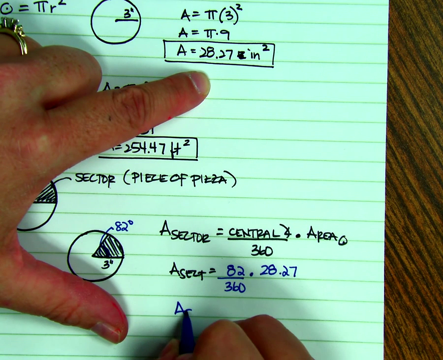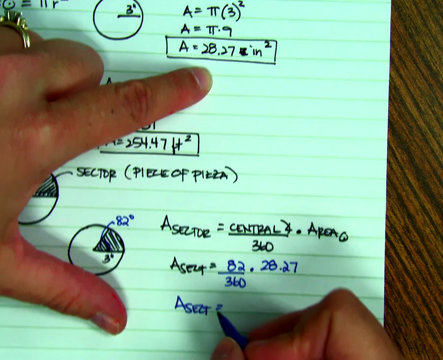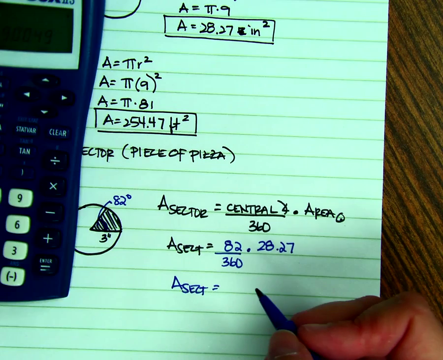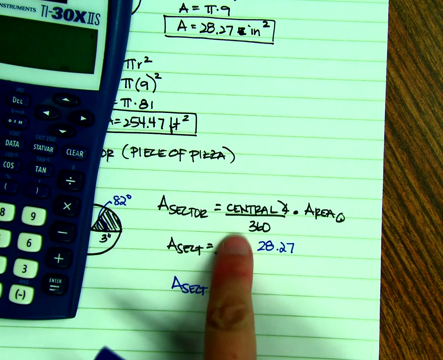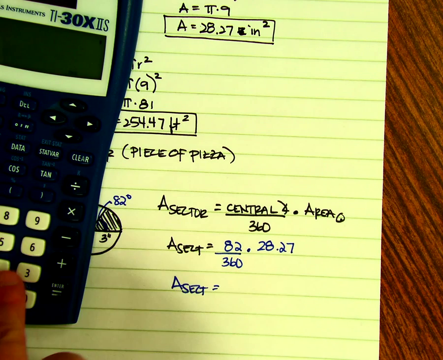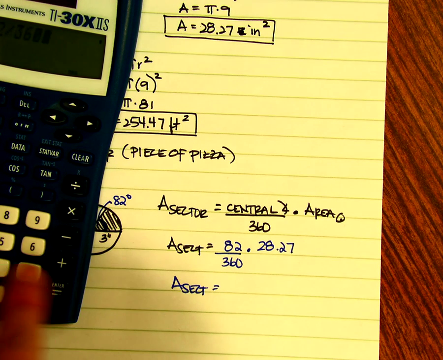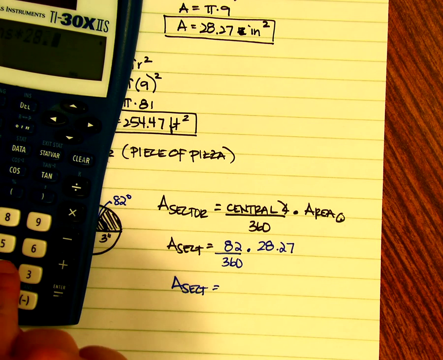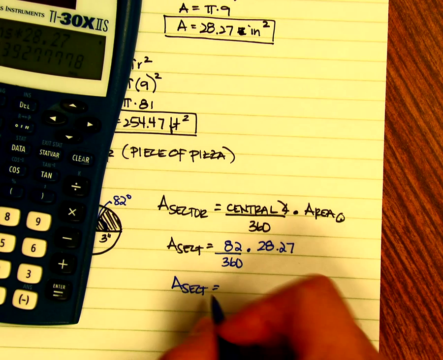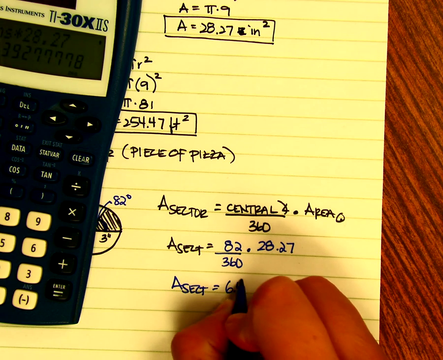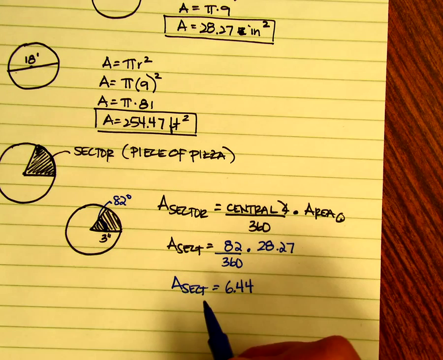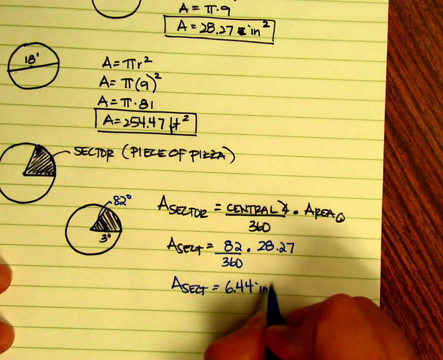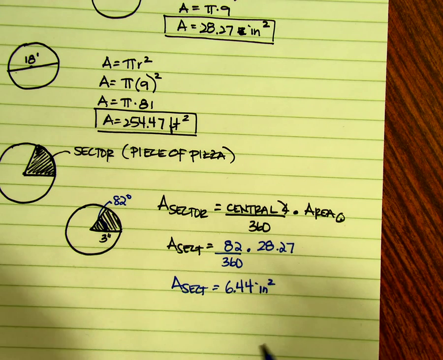I'm going to put this all in my calculator. So I am going to do the fraction of 82 divided by 360, and take that times 28.27. So the area of just this little piece is that much. We're still dealing with area, so it still is going to be the units squared.